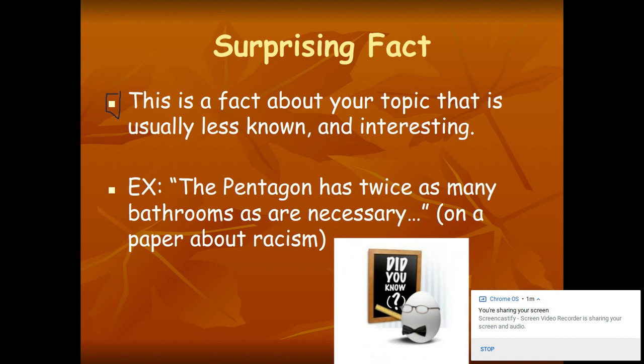don't know. Okay, for example, if I were to write a paper about racism, I could start by saying that the Pentagon has twice as many bathrooms as are legally required by law. And I could go into the reason for that being that the building was built prior to the integration of people of different color in buildings.